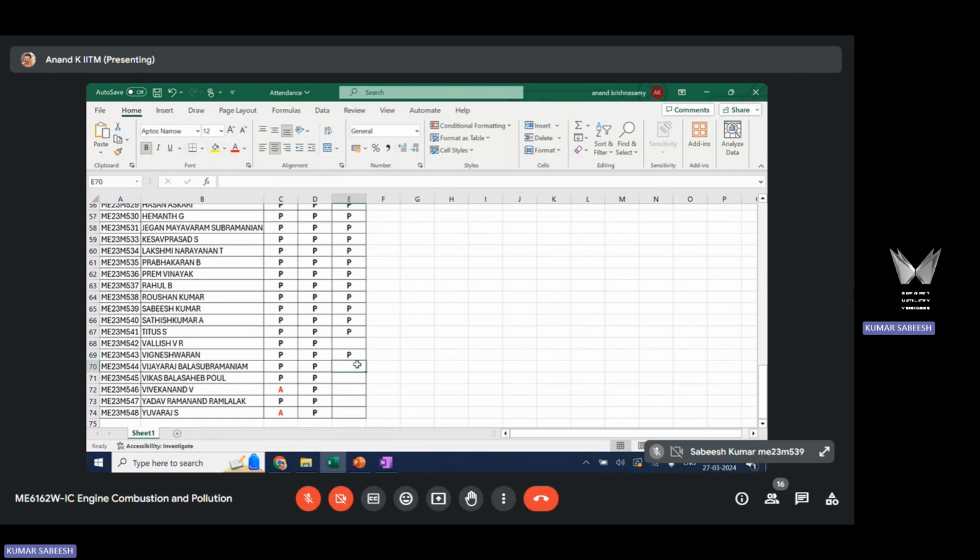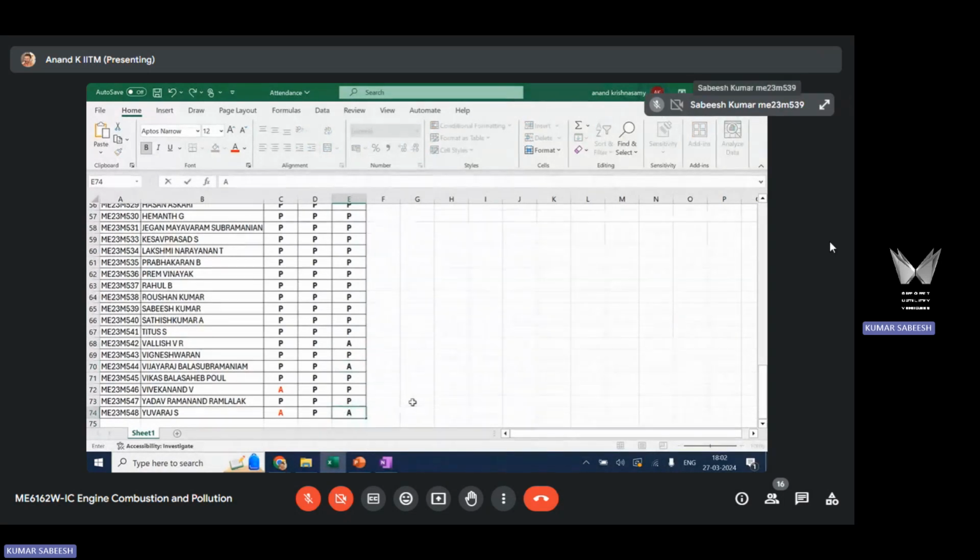Vijayaraj? Vikas? Present, sir. Vivekanand? Present, sir. Yadav? Yes, sir. Yuvraj? Okay, so there are three absentees, Vallish, Vijayaraj, and Yuvraj.